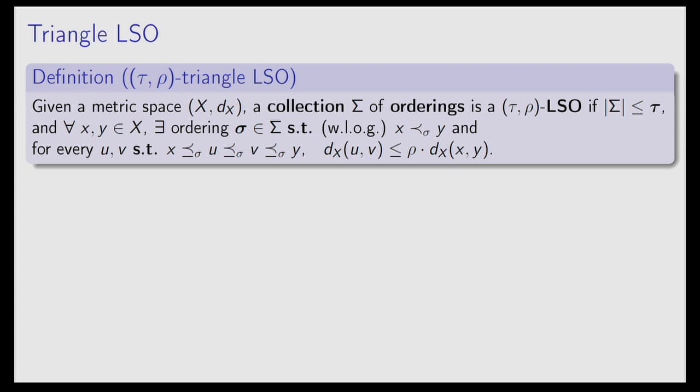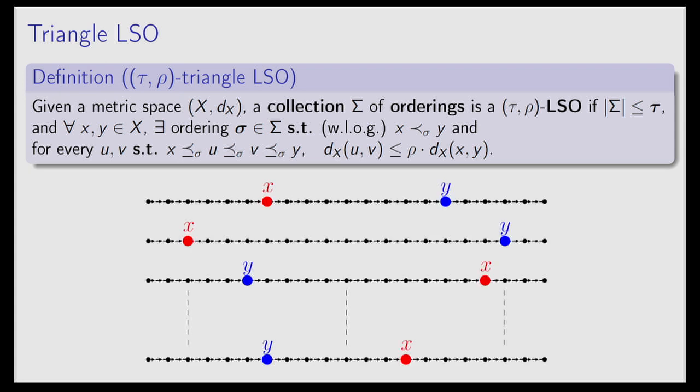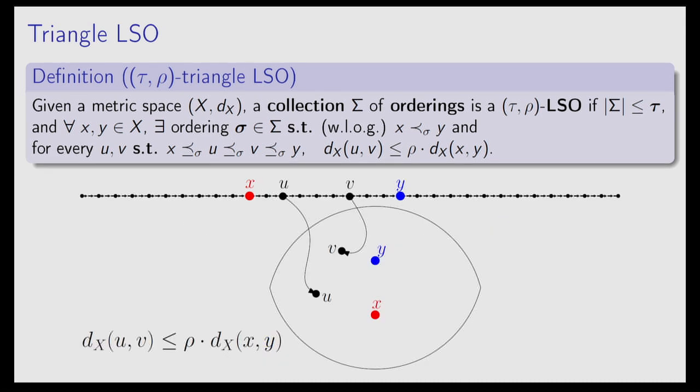This has a very similar definition. You again have a collection of tau orderings. And the guarantee is that for every pair of points x and y, there will be some ordering such that all the points you want to count between x and y, previously they fell into a ball of small radius around x and y.